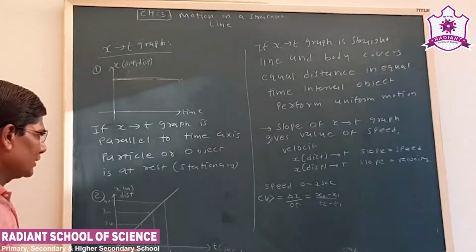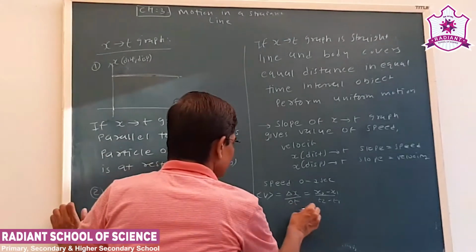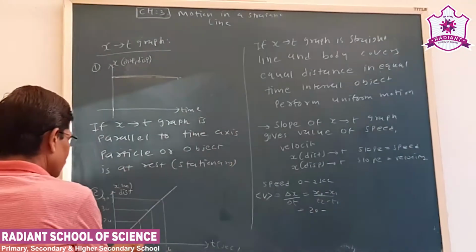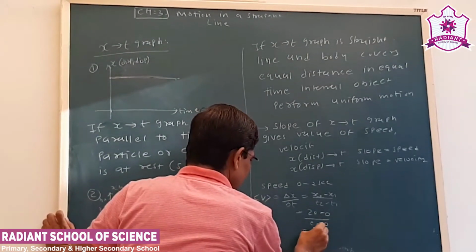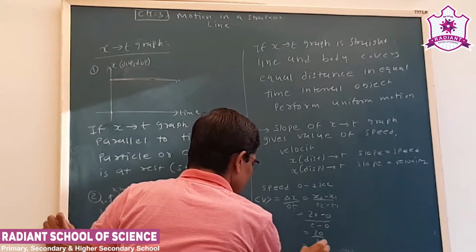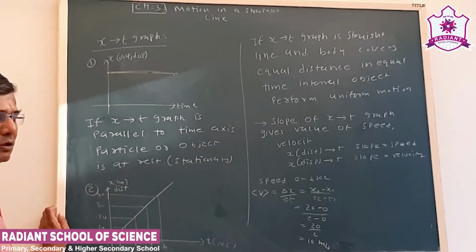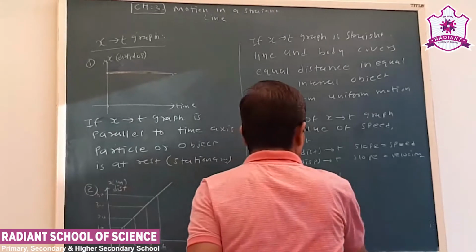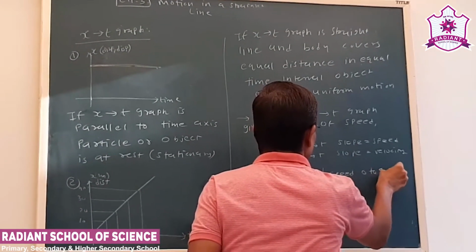Now here see, the number corresponding to 2 second is 20 and the number corresponding to 0 second, that is initial position, is 0. Now, same way we can find out the speed for the time interval 0 to 4 second.